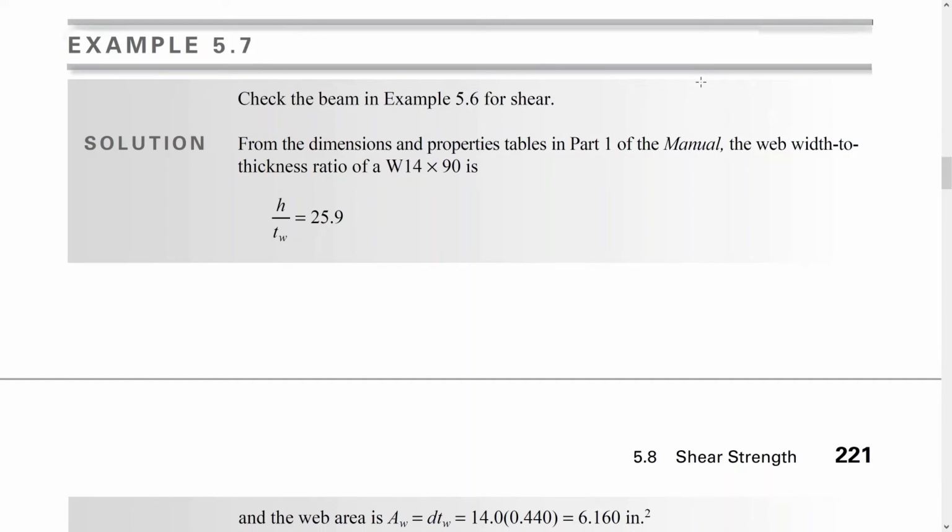If you remember, in example 5.6, page 212, we have a simply supported beam, 45 feet in span length, loaded with dead load and live load, and the cross section was a wide flange W14x90. So we need to check this for shear.